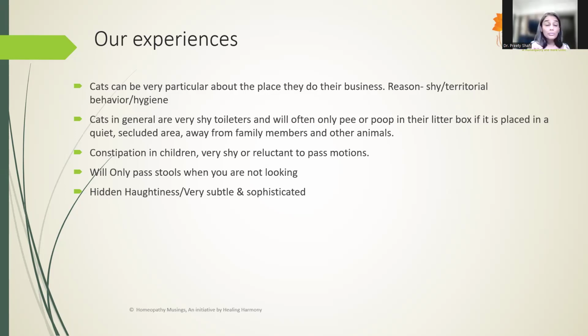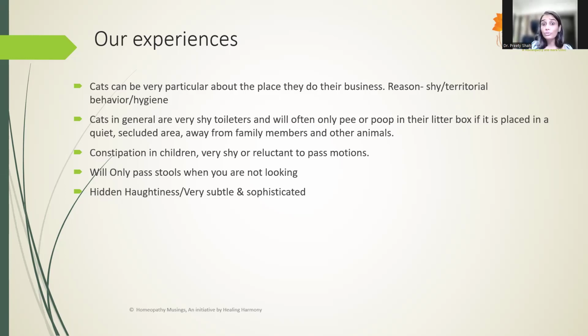Especially if they need to pass stools, they will be very particular where they go and do it. They will be very shy and territorial about their behavior, about their hygiene. They are very shy toileters, let me put it that way.